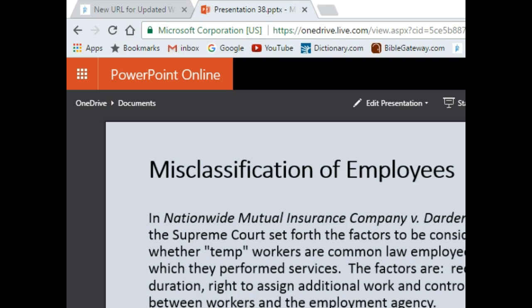Again, not determinative in and of itself, but certainly could be informative and might be a factor to consider. There's a number of tests that are used to determine independent contractor or employee statuses and definitions. There's common law test. There's test imposed by the IRS.